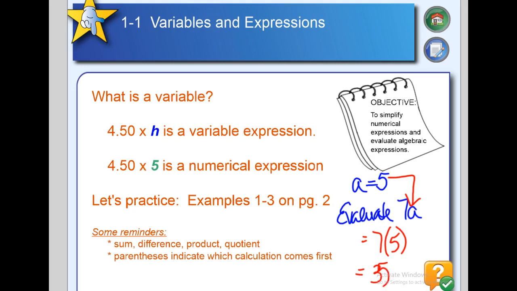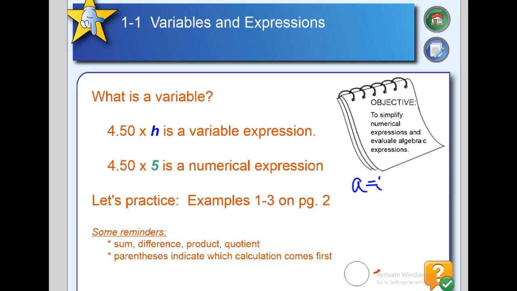Did you realize there was no parentheses that time? So we didn't have to worry about doing that first, and so we just multiply. Now, let's look at a different one. Let's say that A equals 5 still, and let's change our equation. This time, let's make it 3A plus 2.